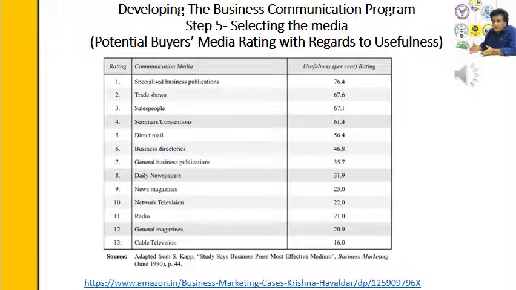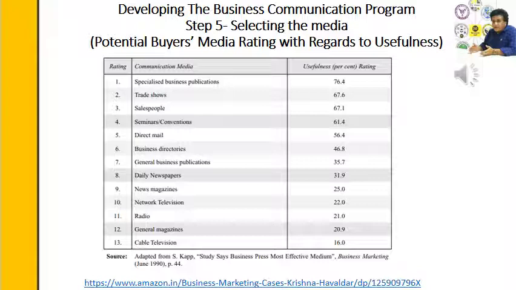So this is the slide in which the potential buyers are giving a usefulness rating in regard to the various media. Here you see sales people are given a usefulness rating of only 67%. As compared to that, the first rating is being given to specialized business publication.